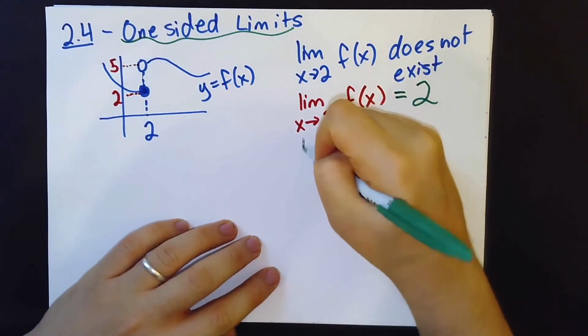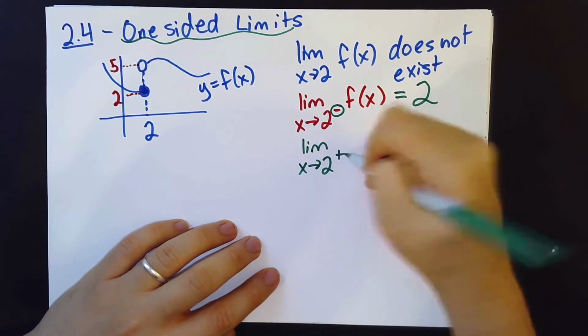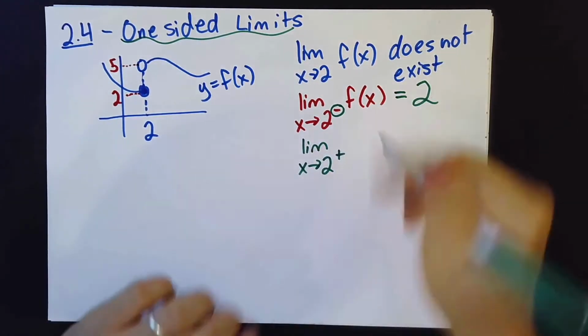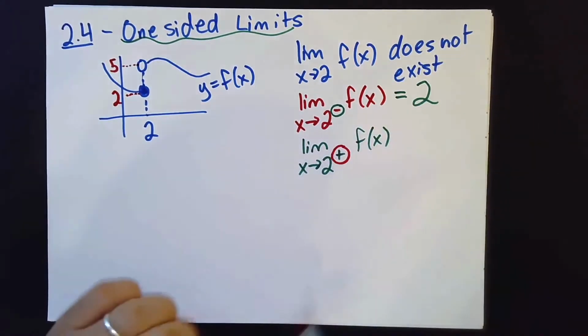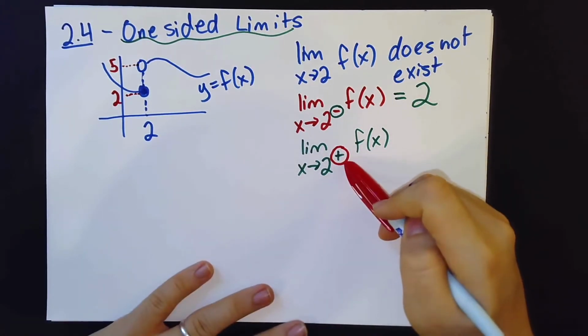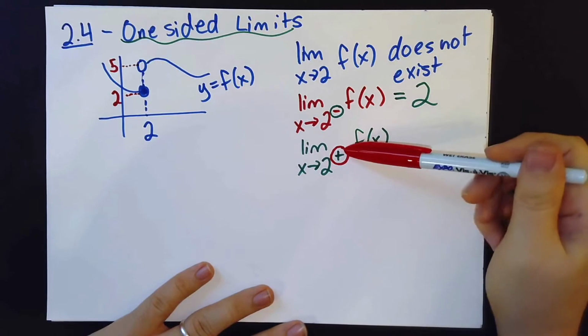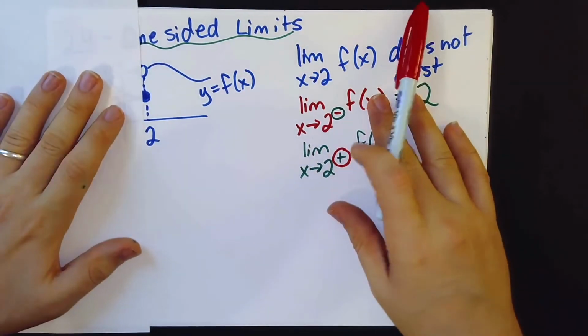I could do it the other way as well. I take the limit as x goes to 2 from the right of f of x. Now, this plus here is saying just look from the right, or just look at the positive side, so pretend now that part doesn't exist.